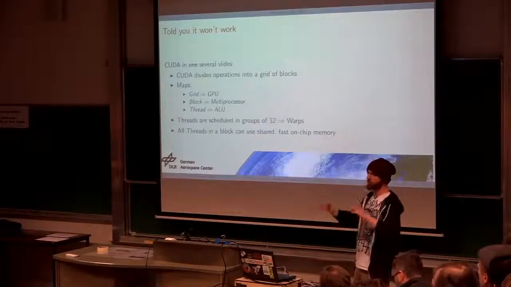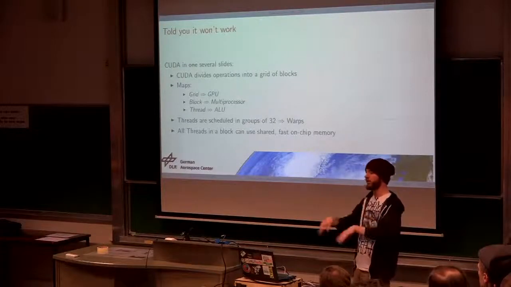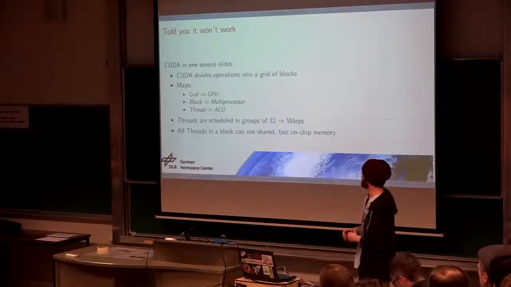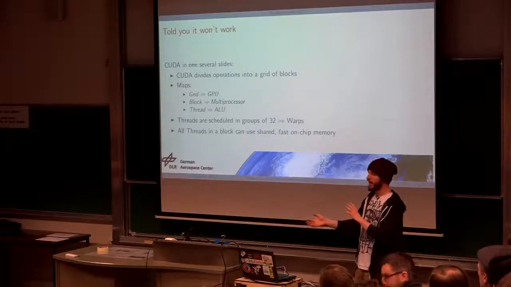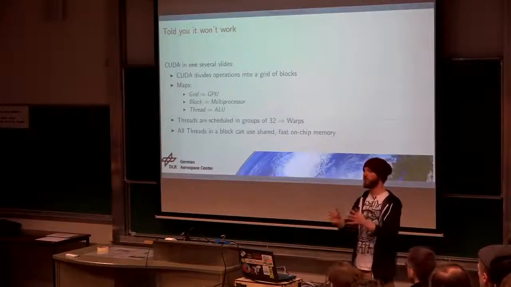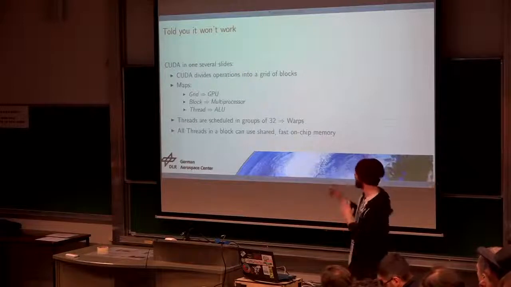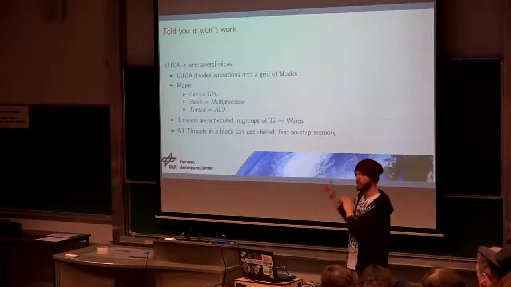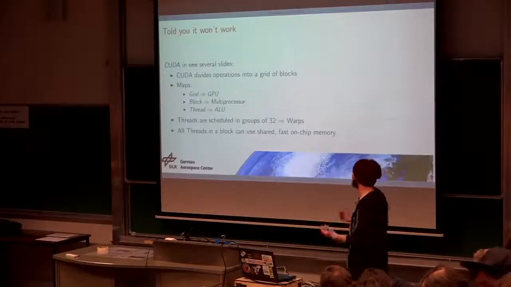The grid, I always imagine, is the GPU with all the stuff on it. You have your block, which you could map to a multiprocessor. It's not really the case. Every block gets somehow executed on one distinct multiprocessor, but I think it's close enough if you imagine it like that. And you then have the thread, which runs on your CUDA core.